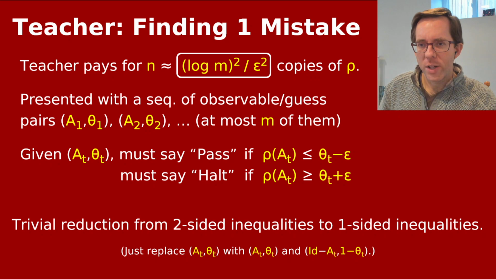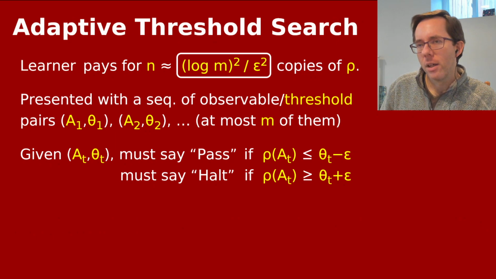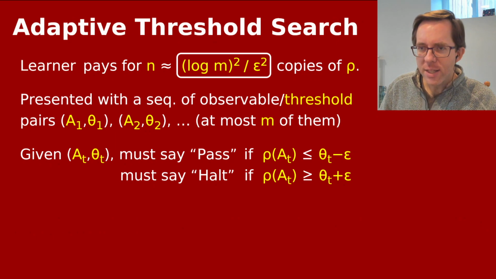Good. And that's why it's called threshold search, by the way. We have a threshold problem. We're searching for the first time when we have a mistake, and hence the name.